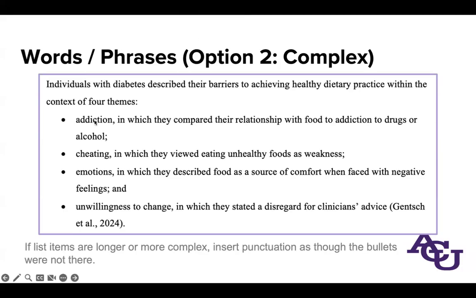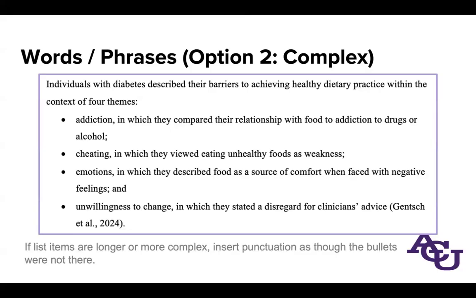Addiction, in which they compared their relationship with food to addiction to drugs or alcohol; cheating, in which they viewed eating unhealthy foods as weakness; emotions, in which they described food as a source of comfort when faced with negative feelings; and unwillingness to change, in which they stated a disregard for clinicians' advice.